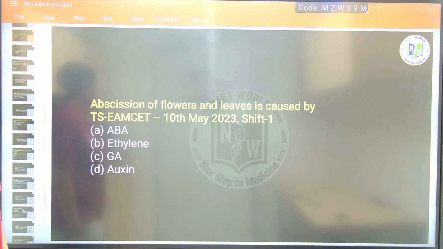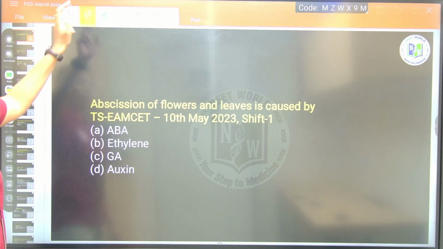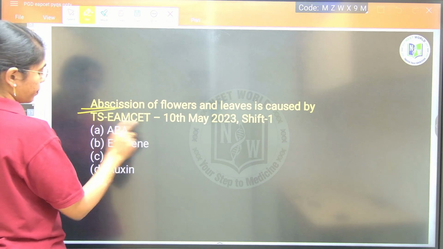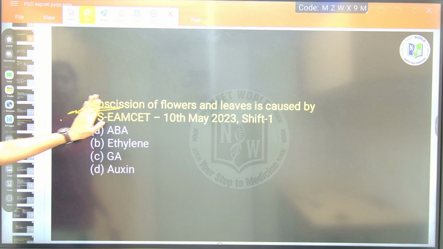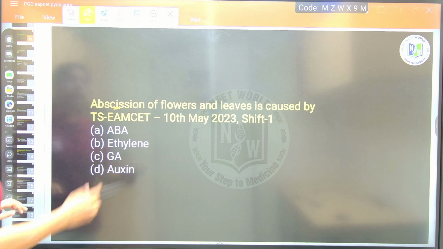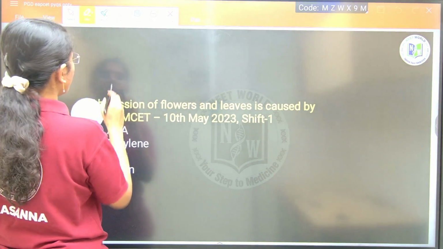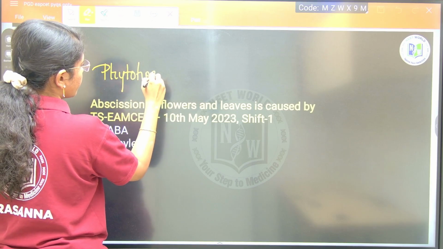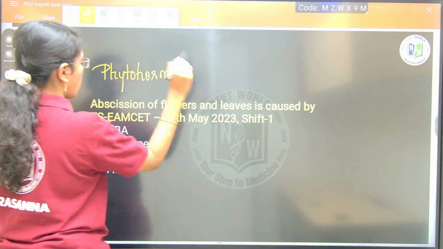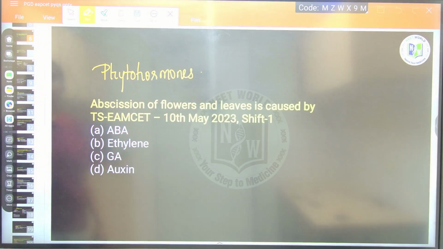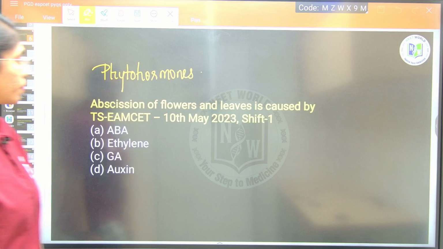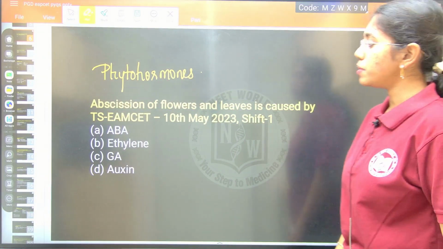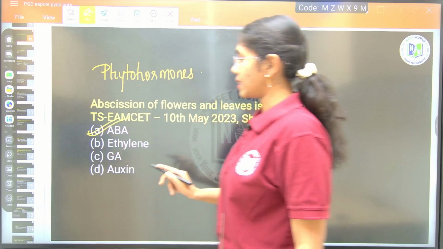Abscission of leaves and any other part is by abscisic acid.